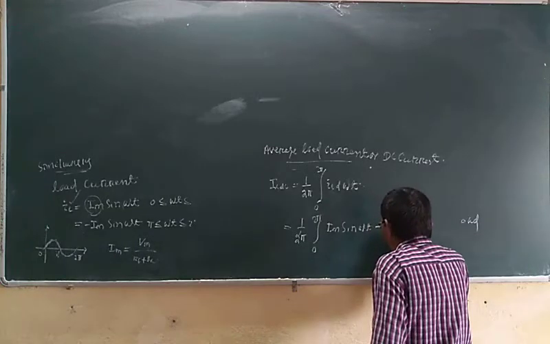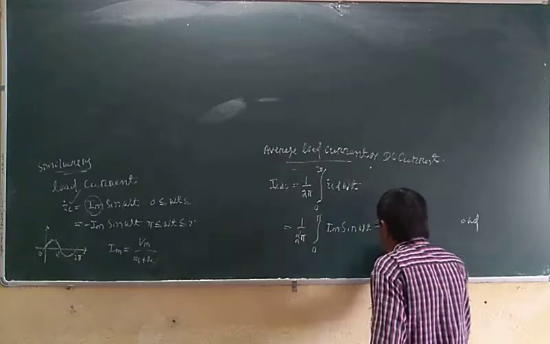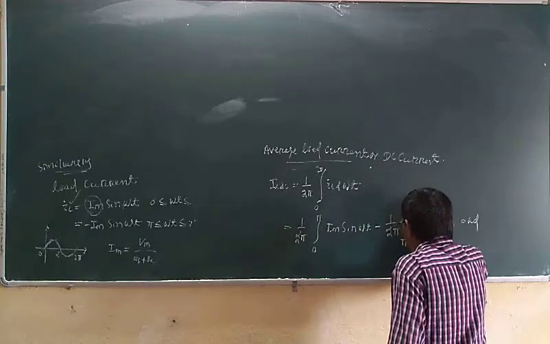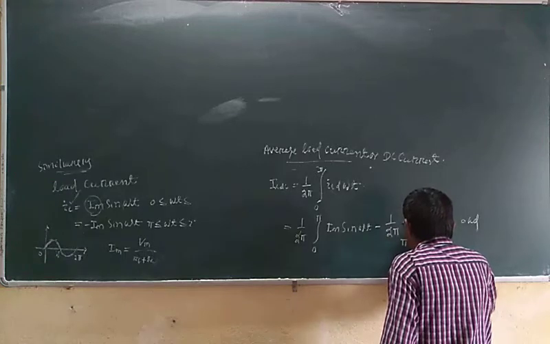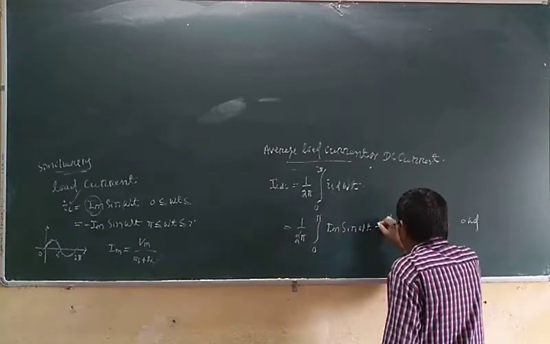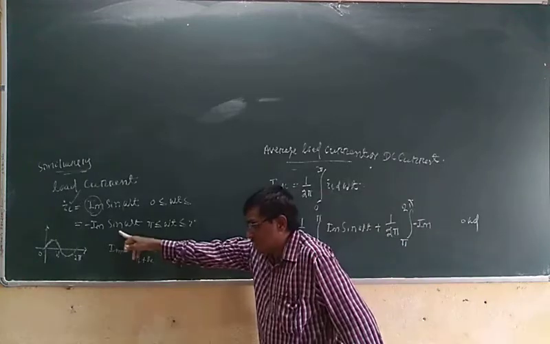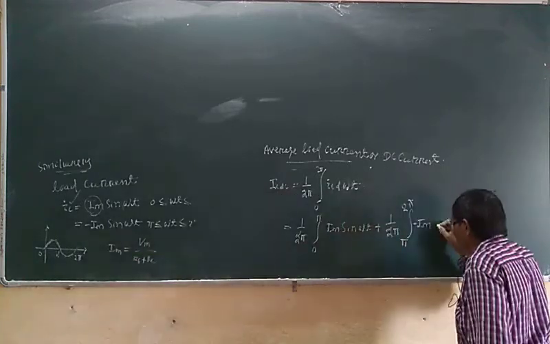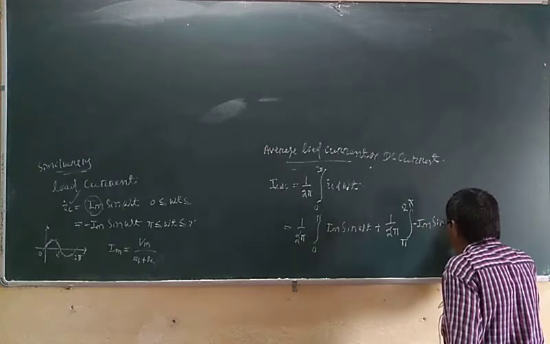Minus 1 by 2 pi integrating pi to 2 pi, Im, that is the minus Im sin omega t.